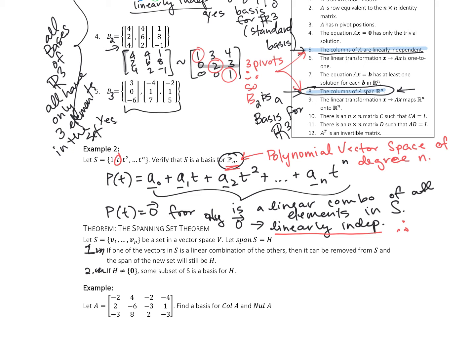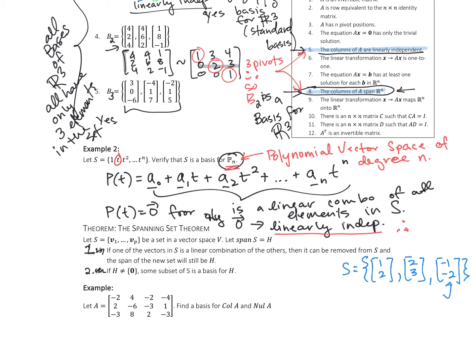Span. So for example, let's say I have the vectors, let's see, we'll do nice simple ones. So let's say S represents the vectors 1, 2, and 2, 3, and -1, -2.